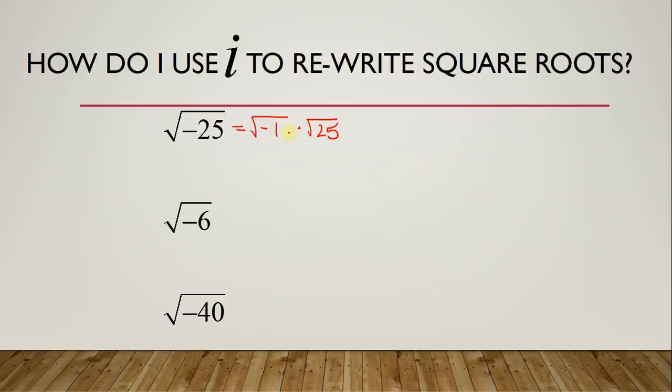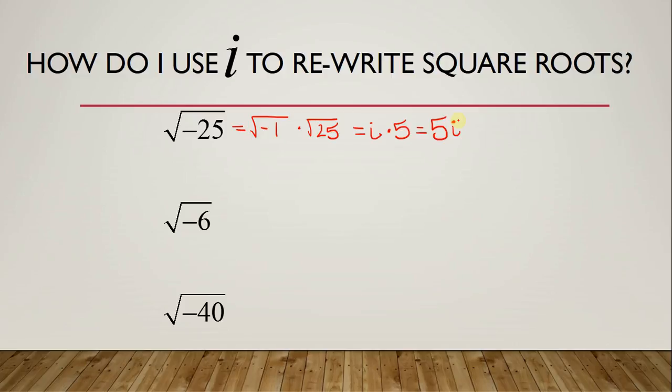When you multiply two radicals, technically you can multiply what's known as the radicand together. That's the numbers on the inside, the radicand. So, I know the square root of negative 1 is just i. And then the square root of 25 is 5, right? So my final answer would be 5i. So the square root of negative 25 is just 5i.